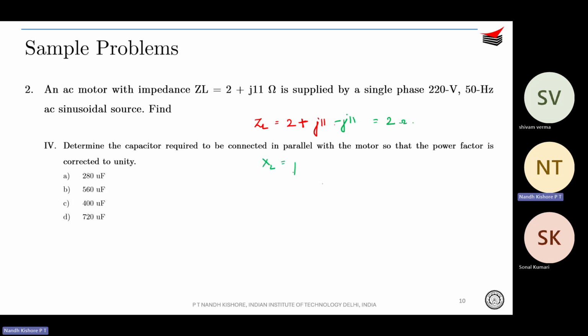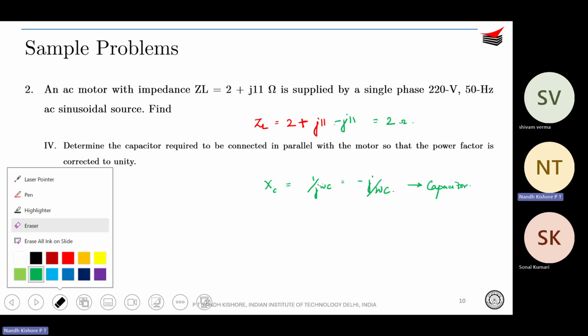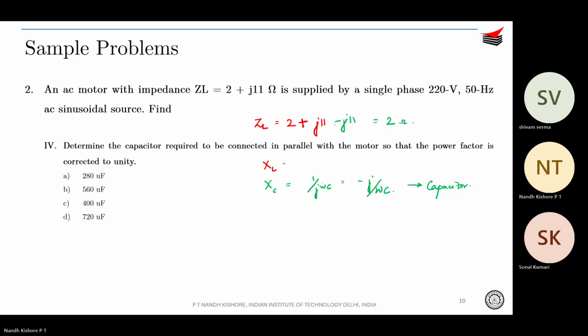So you can understand that XL is j omega L, which is a positive reactance, whereas XC is 1 by j omega C, or minus j by omega C. So you get this minus j term with a capacitor, whereas the XL term is plus j omega L, which denotes the inductor.